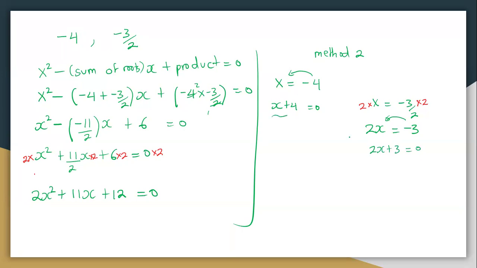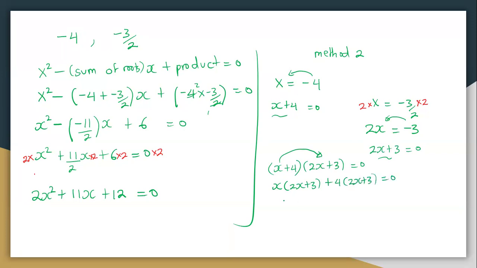So then we multiply this and this. So I'll have (x + 4)(2x + 3) equaling 0. Now when I open, I'll have this x multiplying everything, so x(2x + 3), then plus 4(2x + 3), this one is equal to 0.